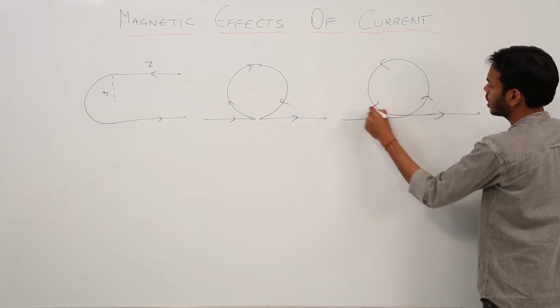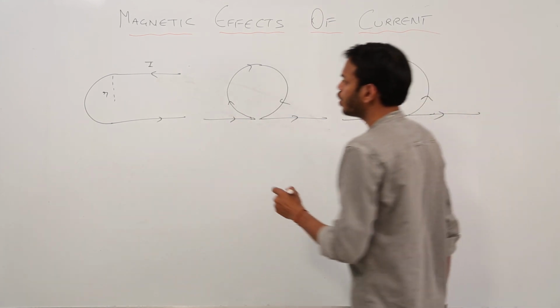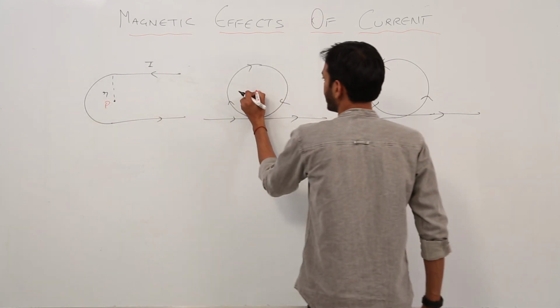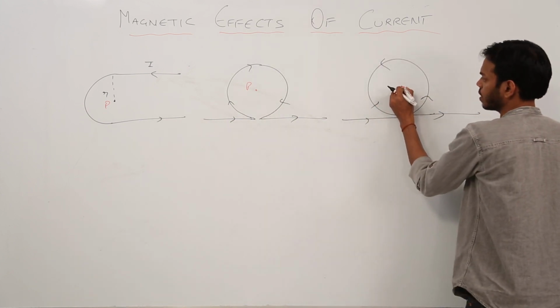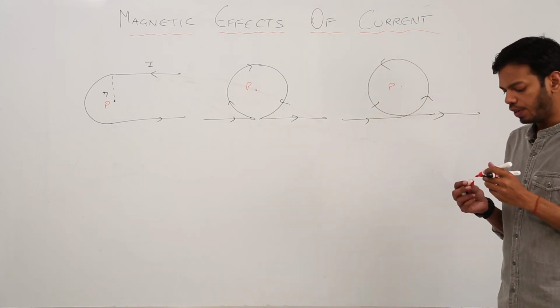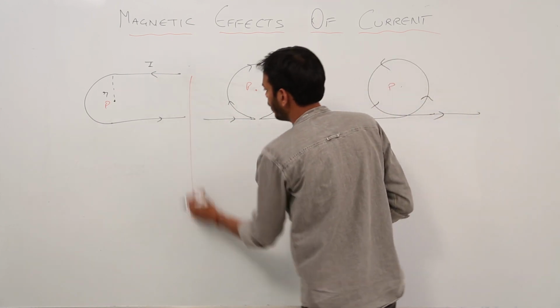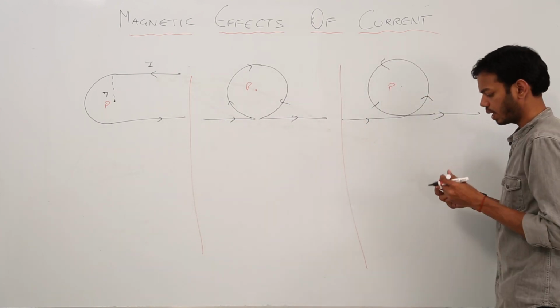So this is how current is flowing. I want you to give me the magnetic field at point P in all the cases. See what will be the change in method when we are solving for these three.